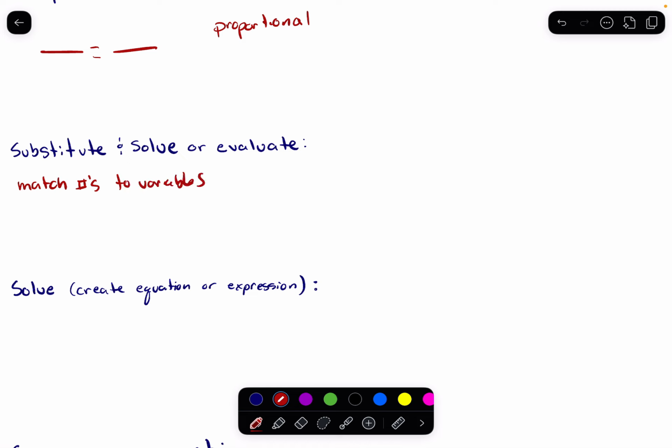A lot of times it will give you a story about purchasing tickets or buying a car, and it will give you the information in a way that you can write an equation or an expression, and then you just have to solve or simplify it. So those are ones where you are turning words into math symbols, right? And we've talked about that a lot in this chapter.